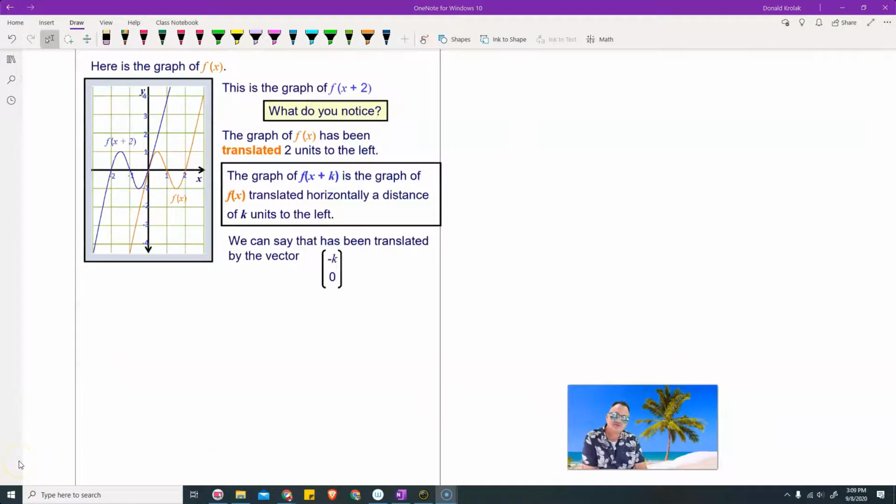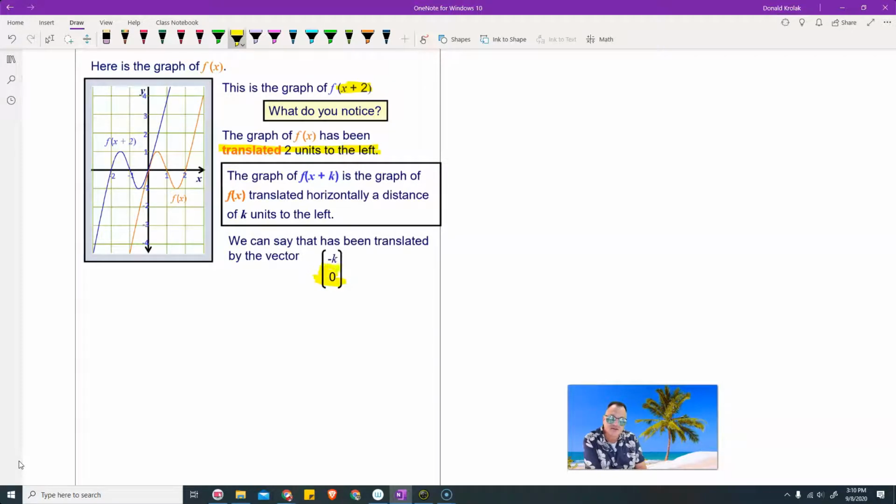So here's a summary of what we just came up with. I'm adding 2 to the input, which is really sliding it to the left. Add 2 to the input is the same as sliding to the left.